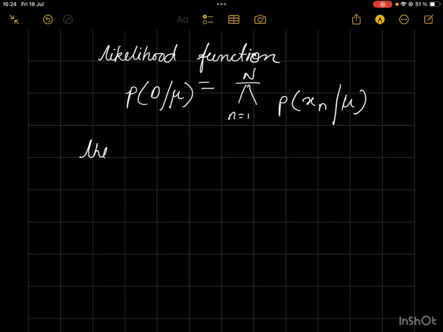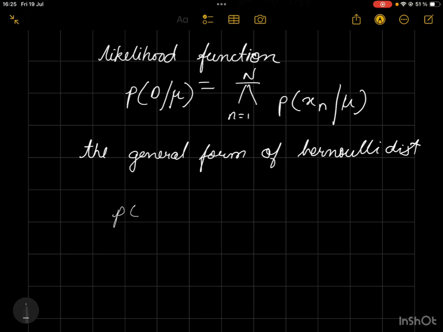Now the general form of the Bernoulli distribution, given an observation x for parameter mu, is mu to the power x into 1 minus mu raised to 1 minus x.